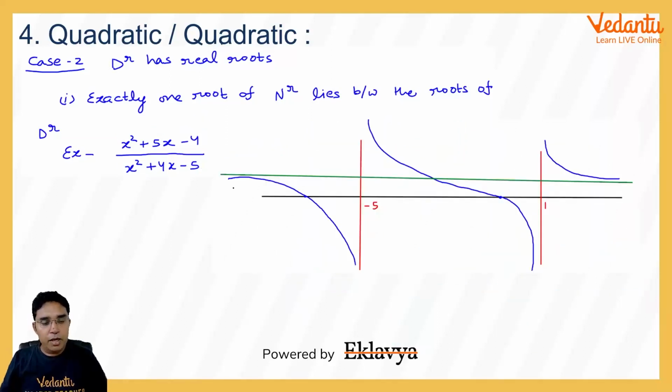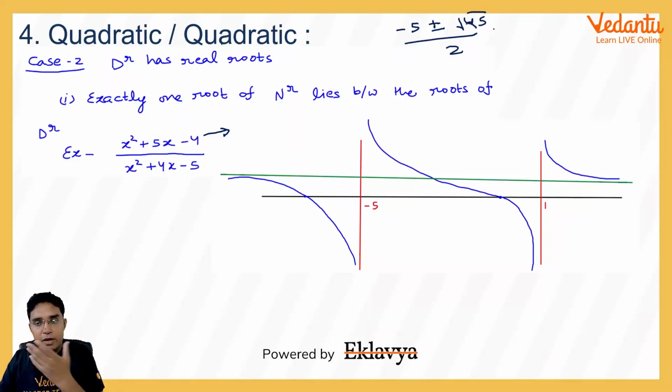If we draw it directly, you can do it like this also. Can we find the roots of this numerator? Let me check. It will be minus 5 plus or minus root over 25 plus 20, so root 45 upon 2. If I take root 45 as almost 7, this will be around minus 5 minus 7, so minus 6.